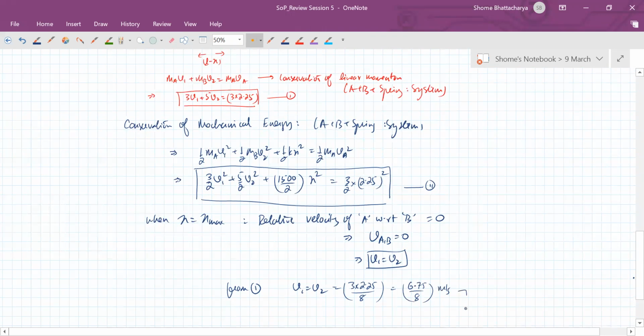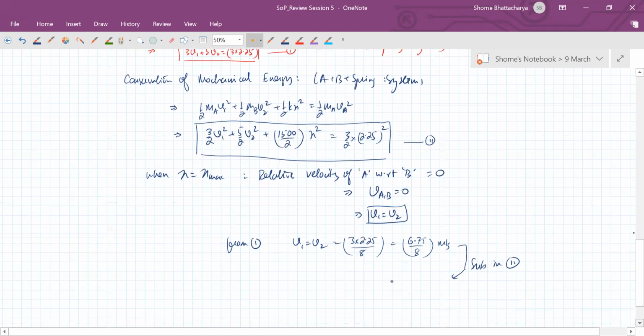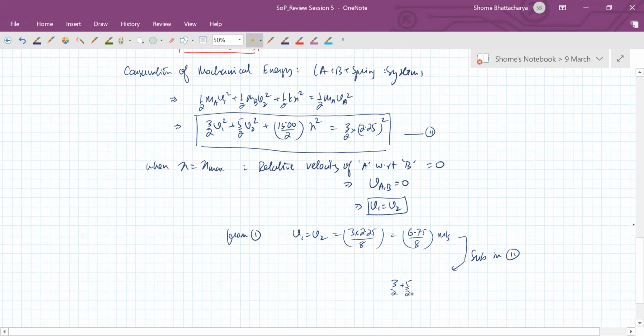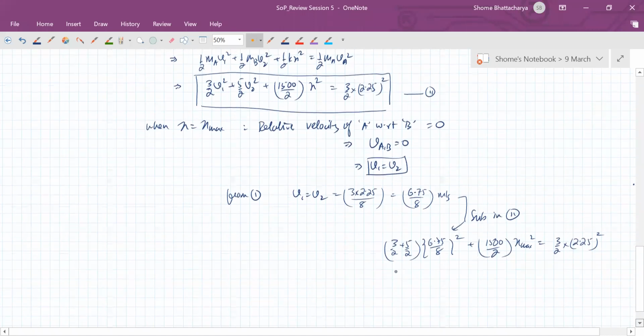And now we will substitute this in equation 2 to get the value of X maximum. So from this we will calculate the value of X maximum.